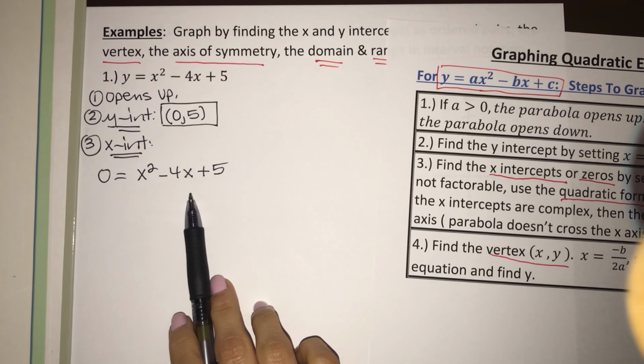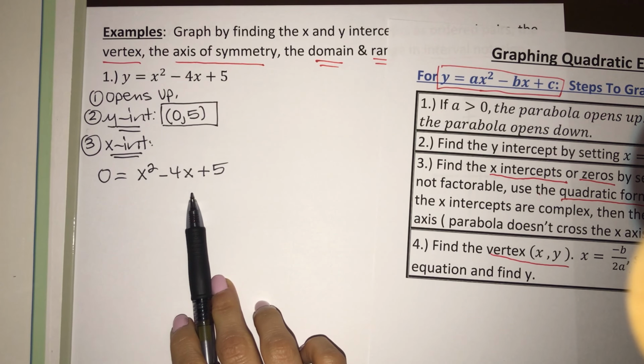This equation is not factorable. I'm going to use the quadratic formula. You can complete the square as well. It will give you the same answer, but I'm just going to use the quadratic formula. If you don't have the formula memorized, please have it next to you because I'm not going to write out the actual formula. I'm just going to plug in the values.